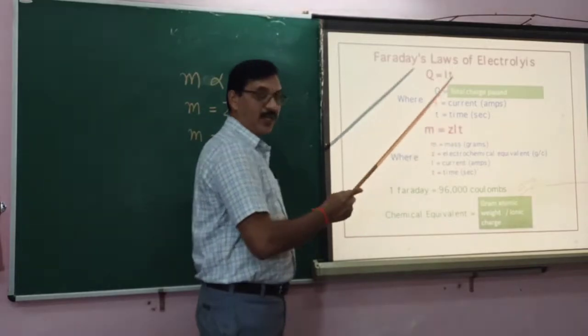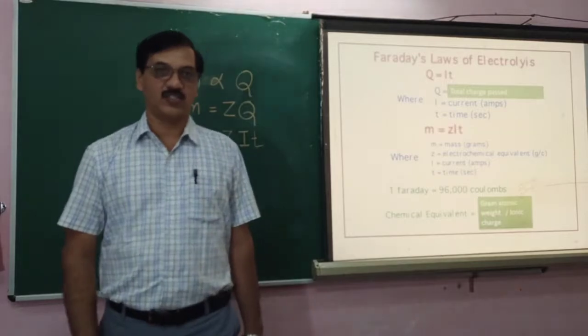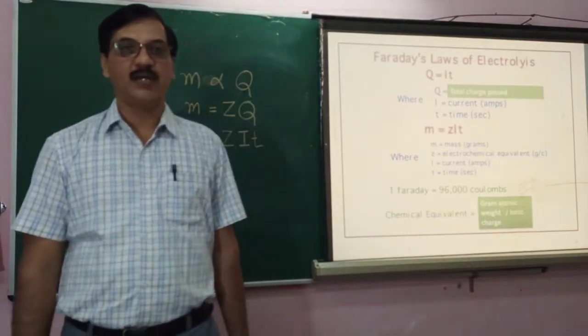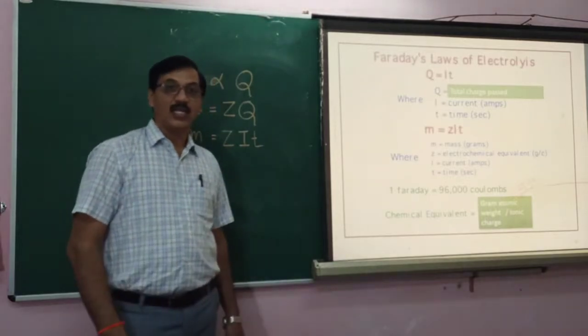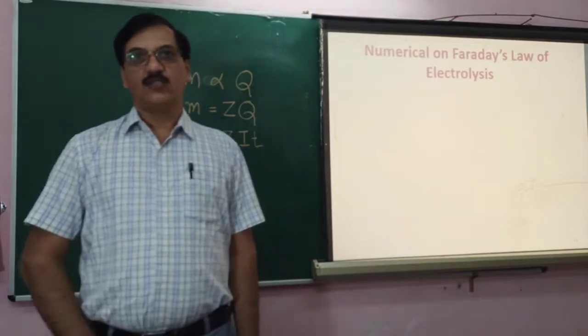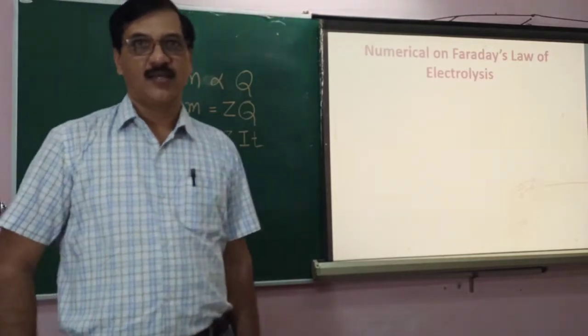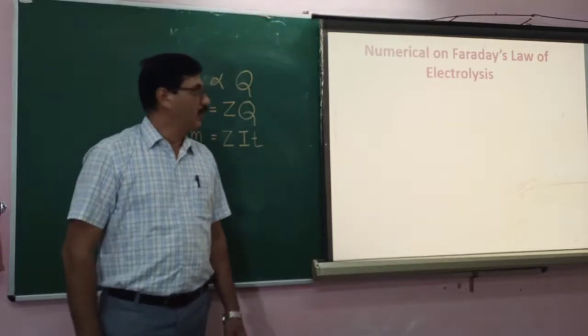This value can be got by gram atomic weight by ionic charge. You are going to get the equivalent weight, the Z value for a particular element. Right? So let us take some numericals based on Faraday's law of electrolysis and try to solve them.